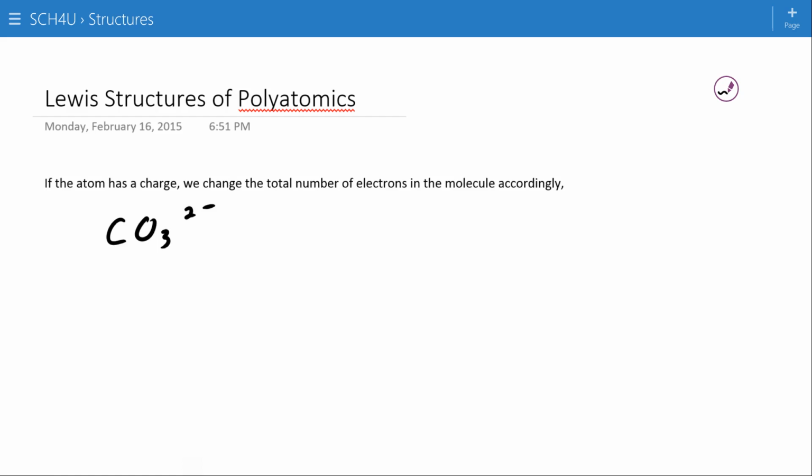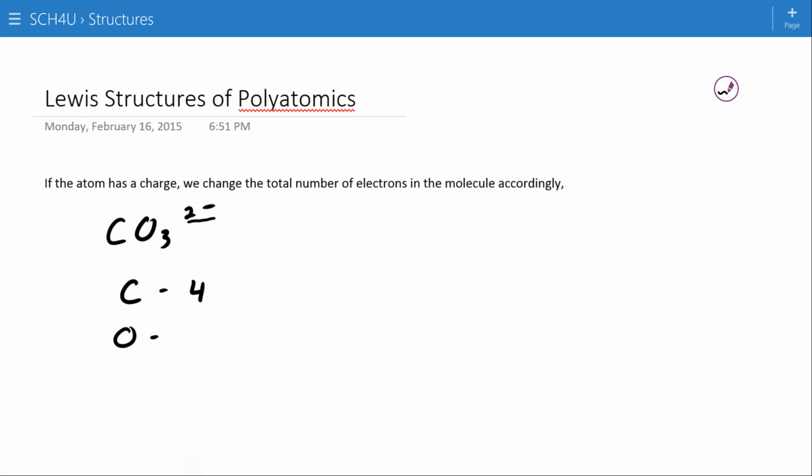Here, the way we're going to handle this is we recognize that this extra charge is a reflection of having 2 more electrons than we expected to have. So we'll find our total number of electrons normally, and then we'll add 2 for the 2 minus charge. Carbon would typically contribute 4 valence electrons.